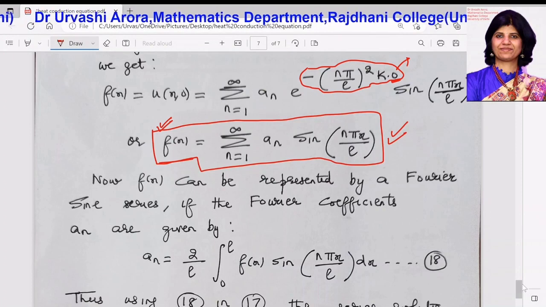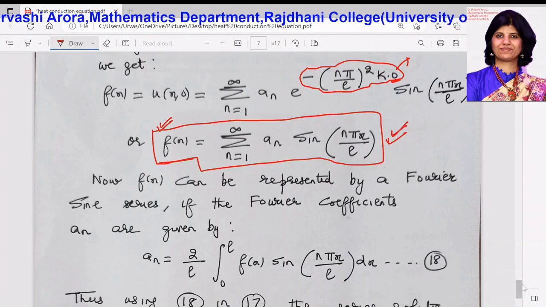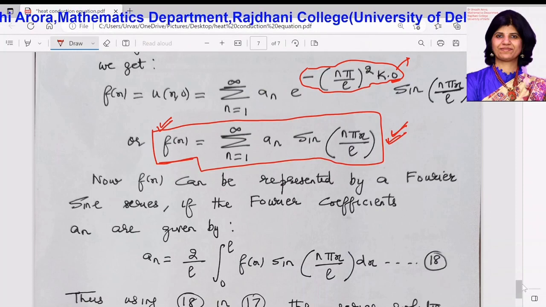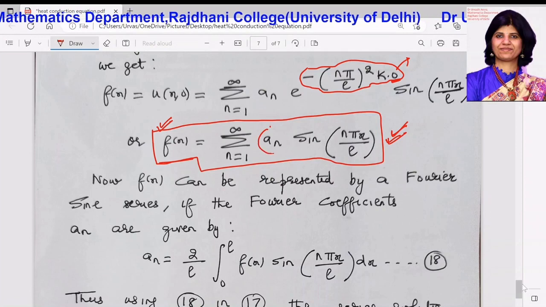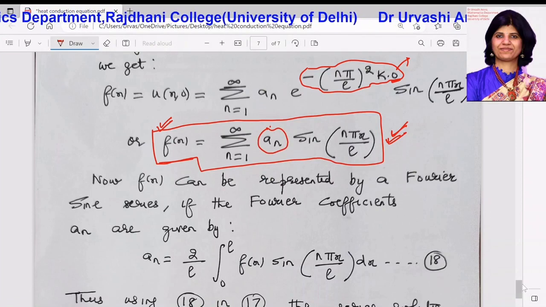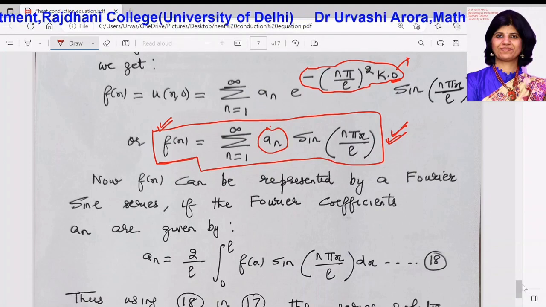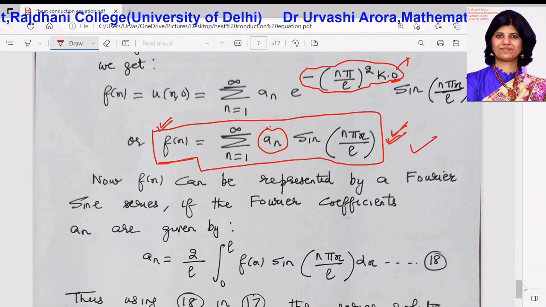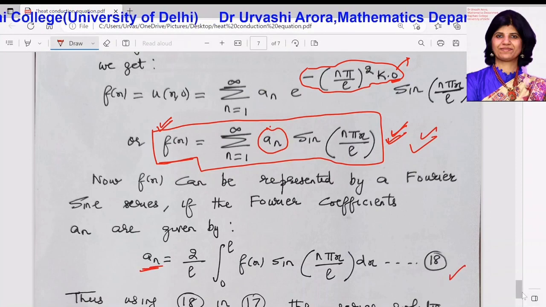So f(x) can be represented by a Fourier series if these coefficients are Fourier coefficients, given by a_n is equal to 2 by L integral 0 to L f(x) sine(n pi x by L) dx.